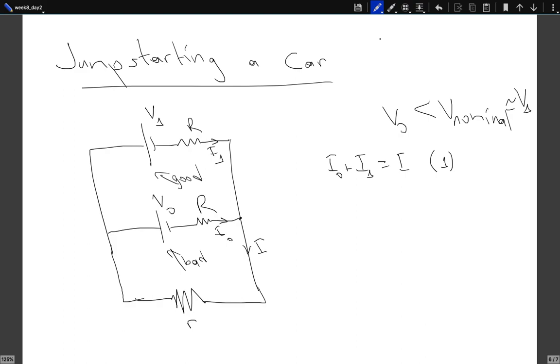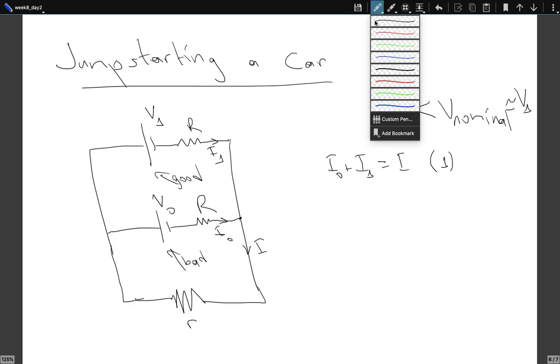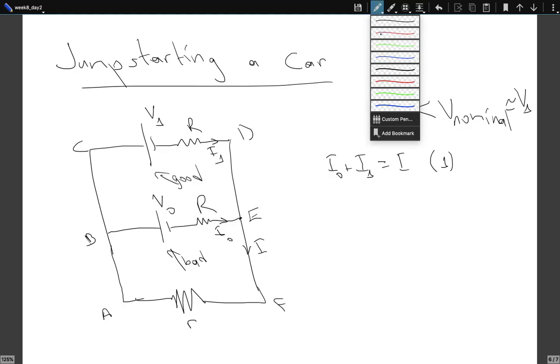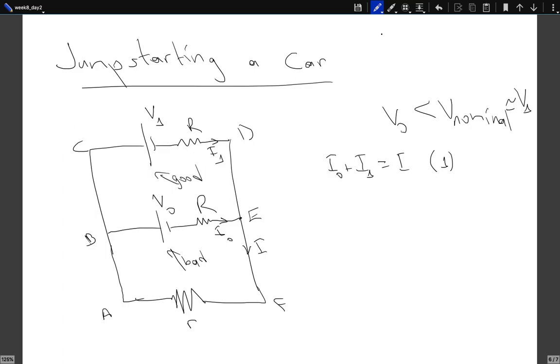Let me give some labels to the points: A, B, C, D, E, F. Just choose one. You mean from A or from F? From A. Okay, let's start from A.